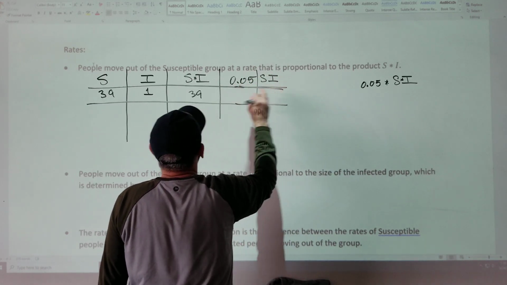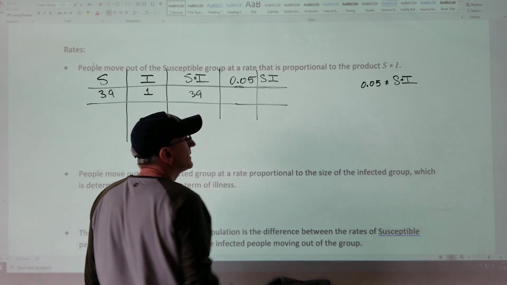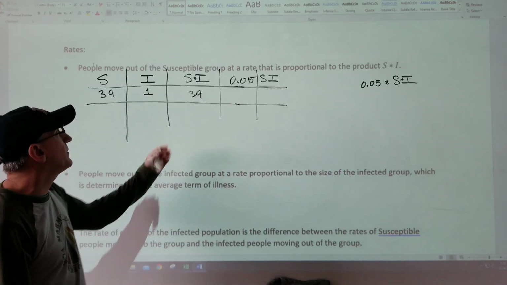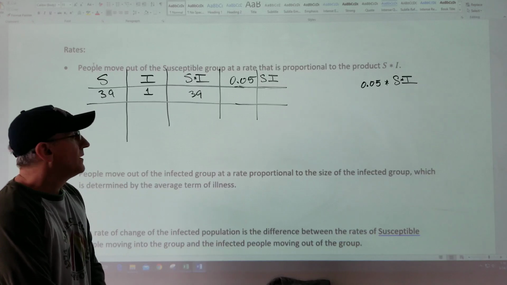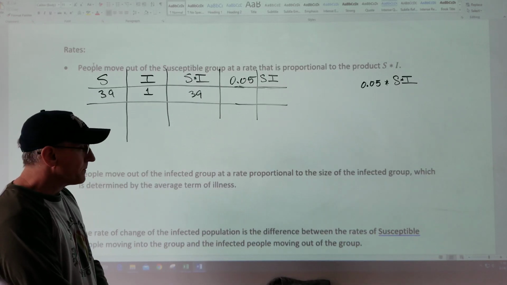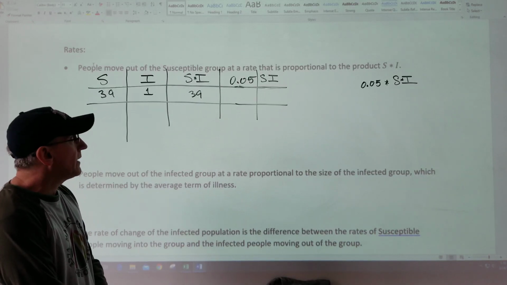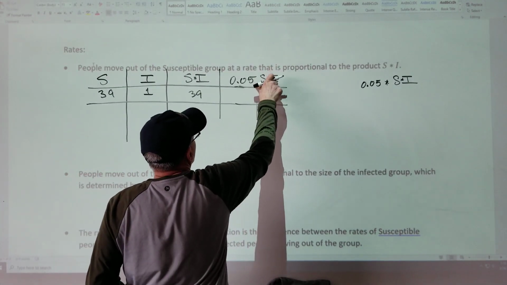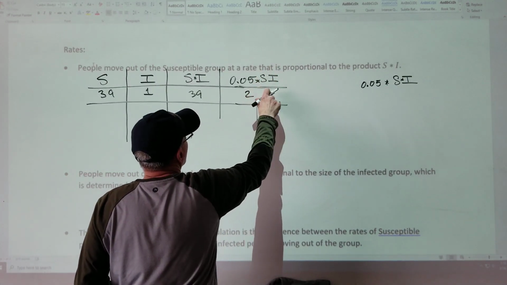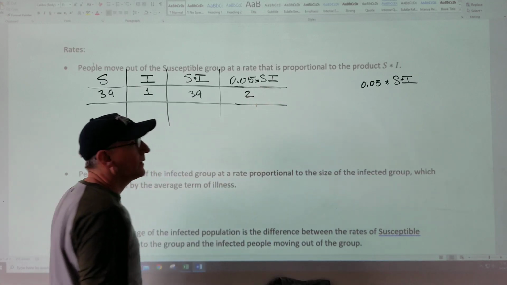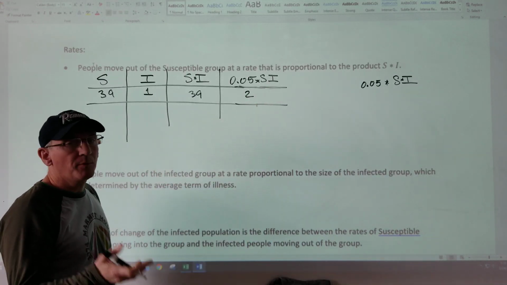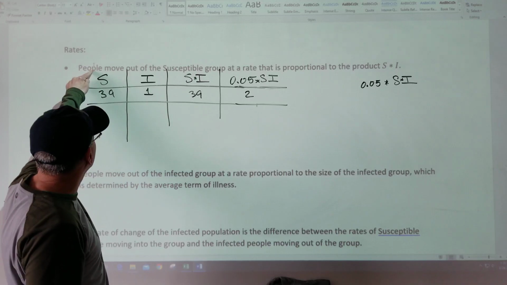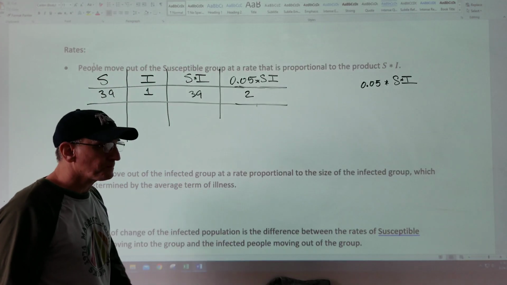Well, 5% of 39, I'm going to approximate a lot of these calculations. 5% of 39 is approximately 5% of 40, and that turns out to be 2 people. Okay, what does that mean? That's 2 people per day moving from this group into that group.